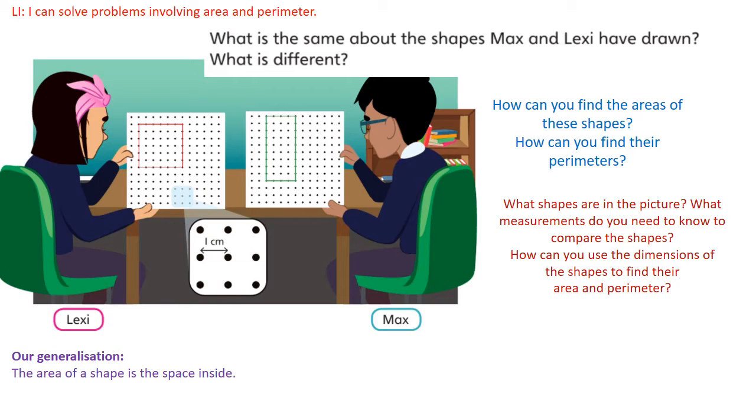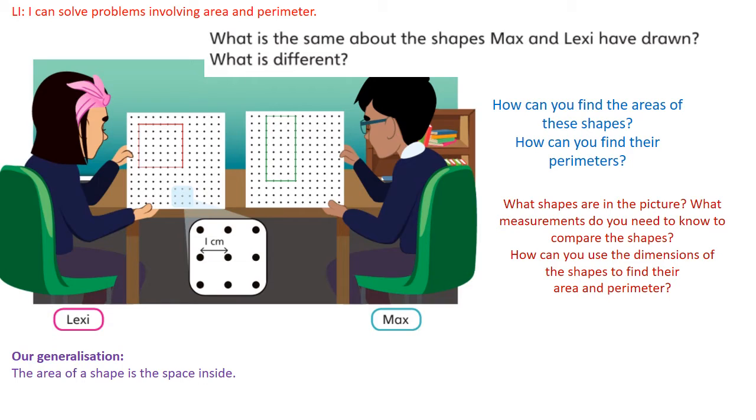We can work out how big the shapes are because we can see that the dots represent 1 centimetre. If we look at Lexi's first and count them, we've got 1, 2, 3, 4, 5, 6 across the bottom. So that means Lexi's is 6 centimetres by 6 centimetres because it's a square.